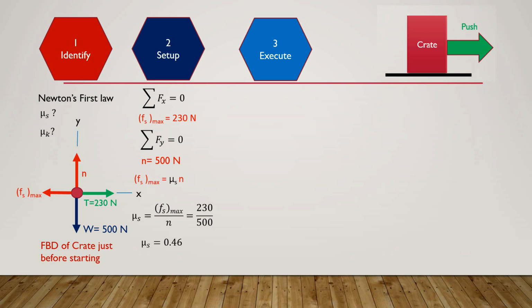Next we will draw a free body diagram of this moving crate. When the force of 200 Newton was applied and there is no change in velocity, the body will again be in equilibrium. So let us draw the free body diagram of the moving crate. First we place a dot representing the crate.